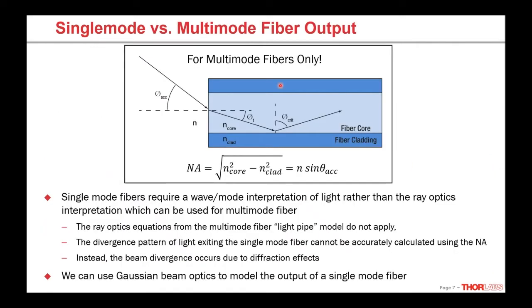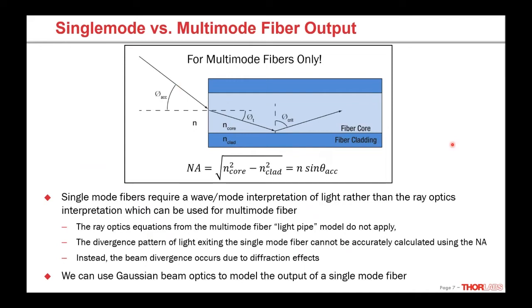So for multimode fibers, you can use this ray optics model where we have a certain acceptance angle or a certain output angle, and that has to do with the angle of incidence on the core-clad interface to get total internal reflection. We can talk about the NA as comparing the core and clad index, but also as a measure of the angle of light that's output from the fiber.